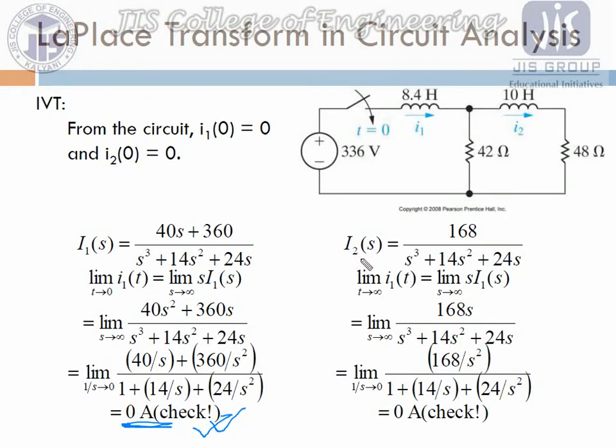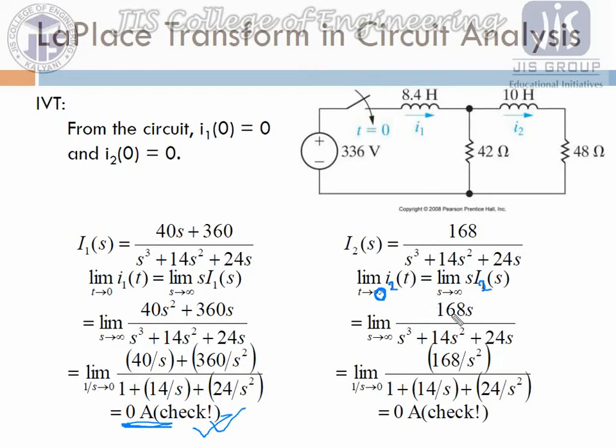Similarly for the I2 current, the initial condition is also t tends to 0. Sorry, it is not infinite: for the initial value theorem, t tends to 0 and s tends to infinity. So it will be the limit as s tends to infinity of s times I2 of s, and that function is 168 divided by s cube plus 14s square plus 24s.